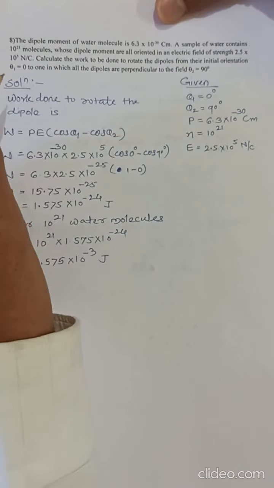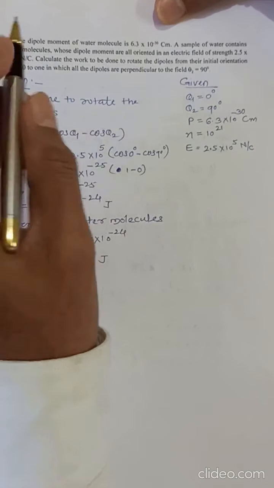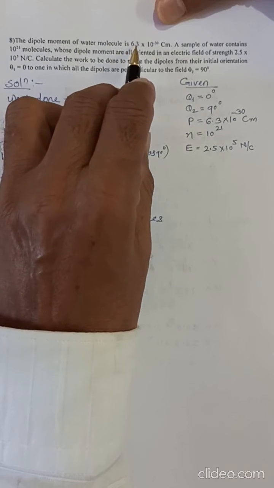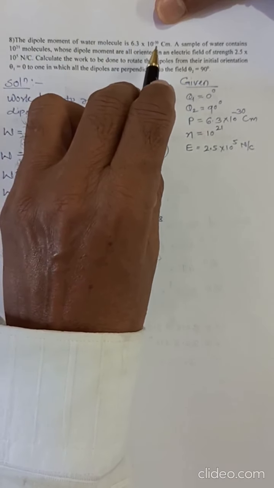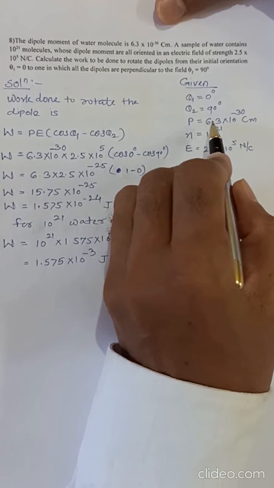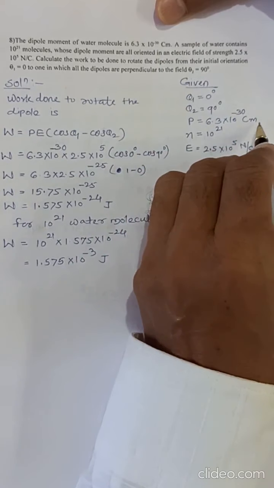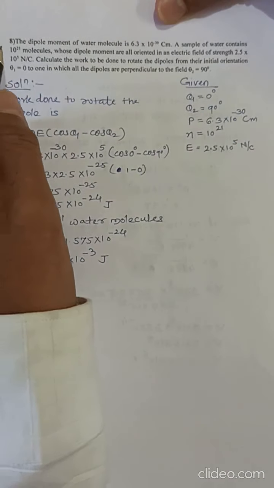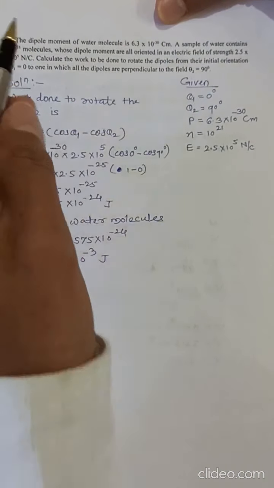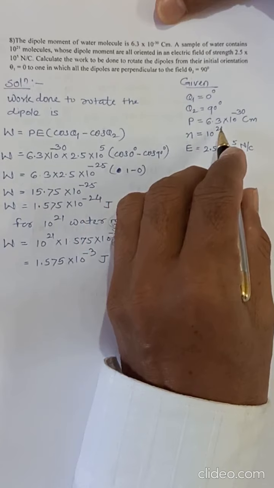So here the quantities given in this problem are: the dipole moment of a water molecule, P is equal to 6.3 into 10 raised to minus 30 coulomb meter. Second quantity, a sample of water contains 10 raised to 21 molecules, so N is equal to 10 raised to 21.